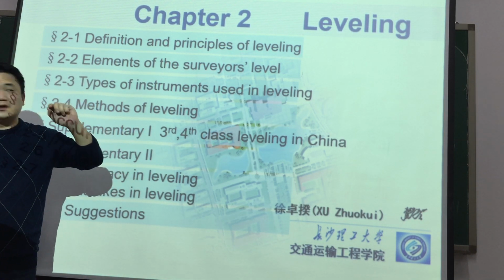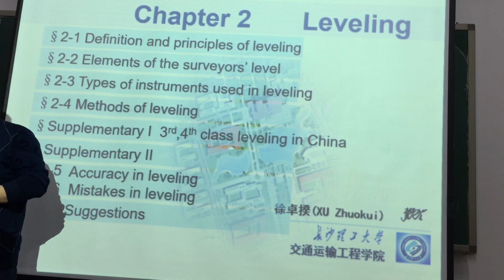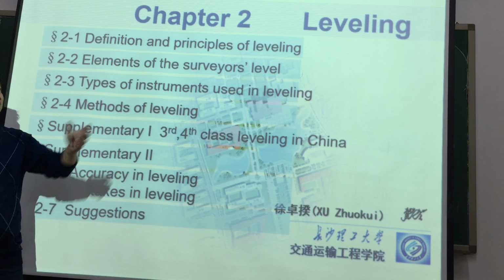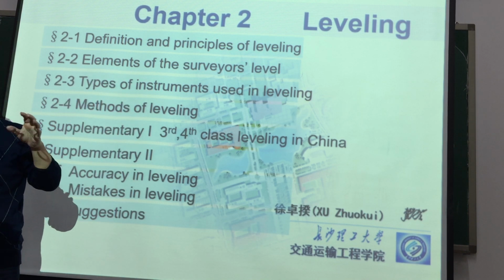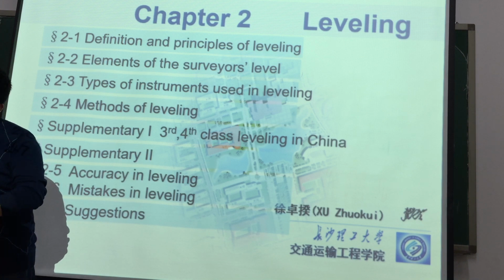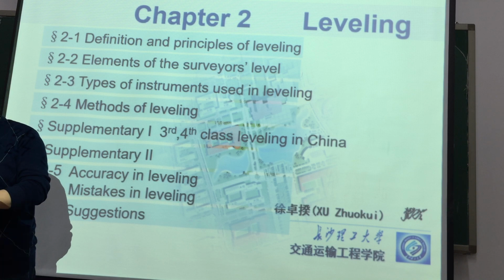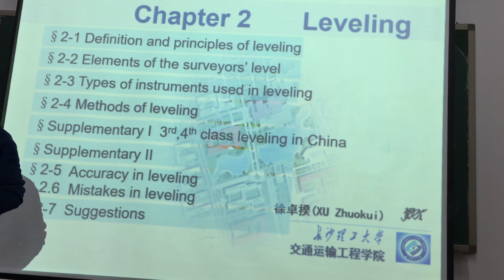That means in our book we just talk about some normal methods in leveling. In that situation we can get the elevation of points, but not with very high accuracy.